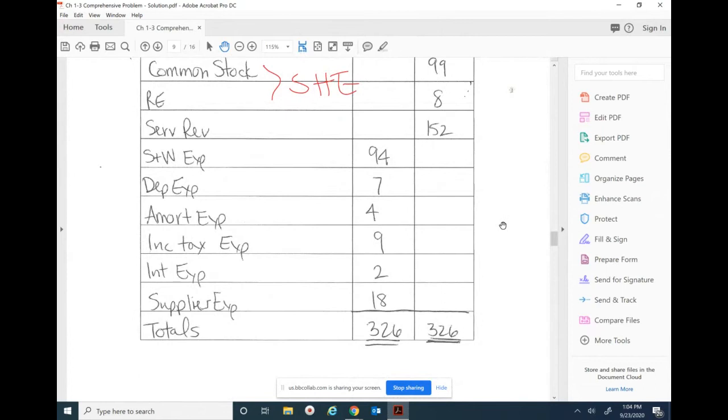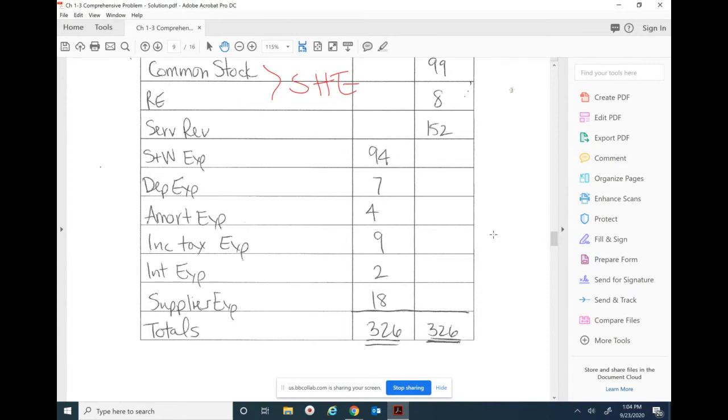So once we are done with these transfers, all we did here was we transferred the balances from the T accounts. Once we are done with these transfers, we are ready to prepare the income statement.